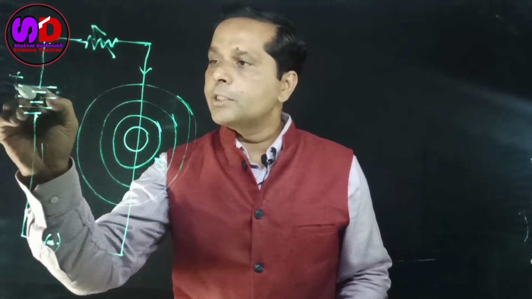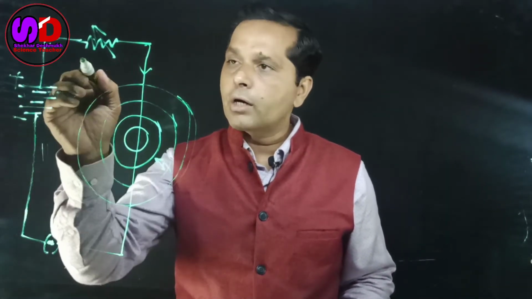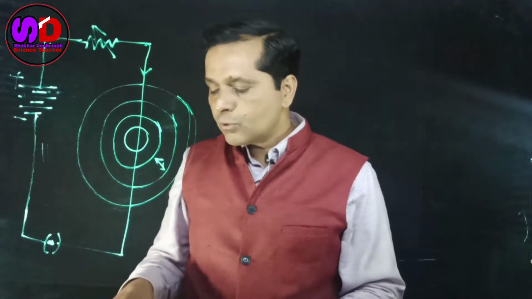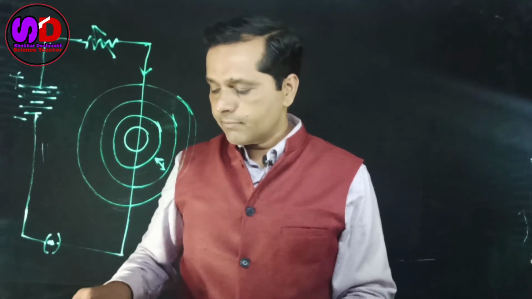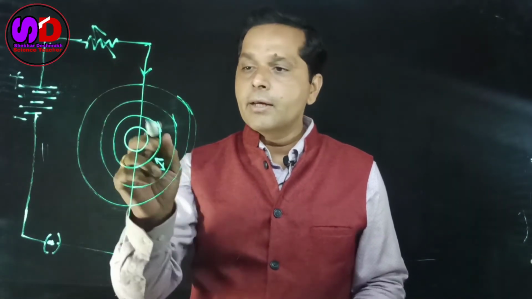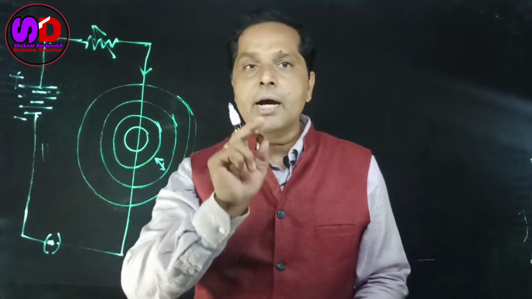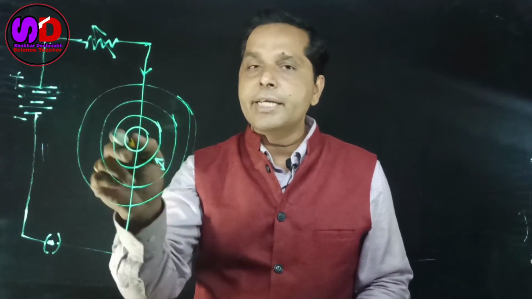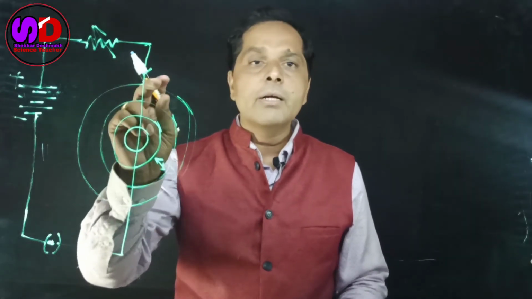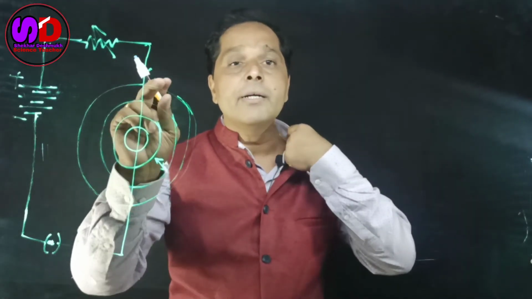Here is the positive terminal, and this is the negative terminal, so current definitely flows in the downward direction. As soon as the current starts flowing, if we gently tap the cardboard, iron filings stick over these circular lines. These are nothing but magnetic field lines.